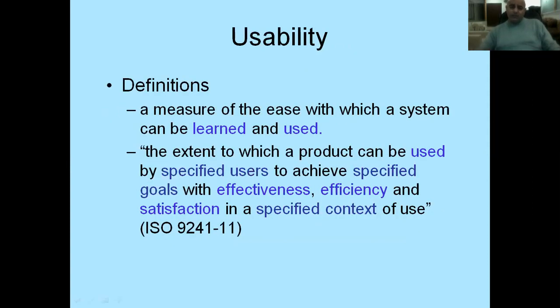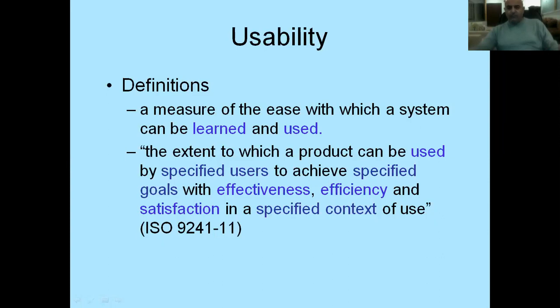Usability. As we said before, if it is user-friendly, it will be very easy for the user and not complex, and the user will do his job easily and without any problems. The definition of usability: a measure of the ease with which a system can be learned and used.